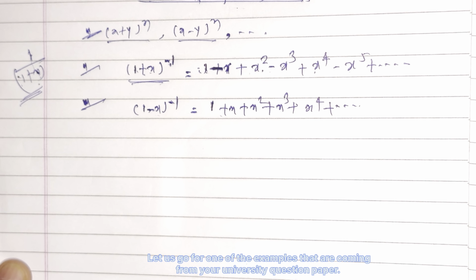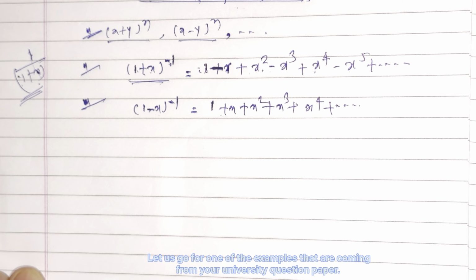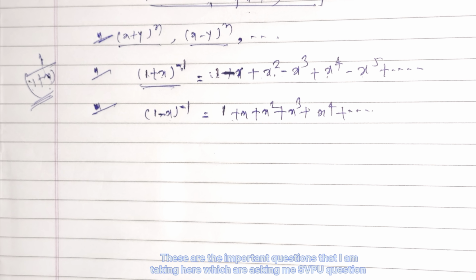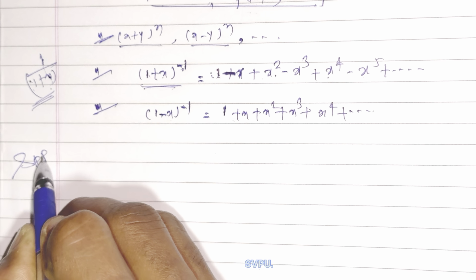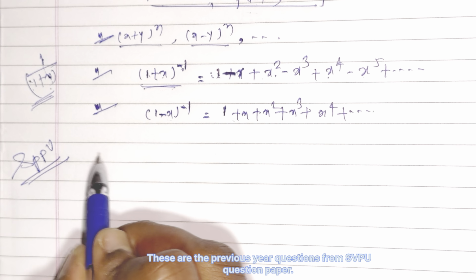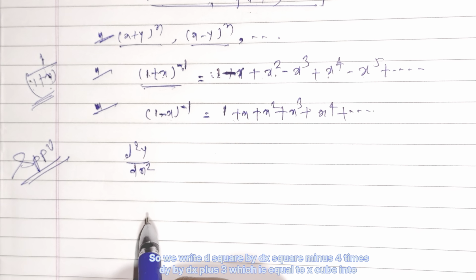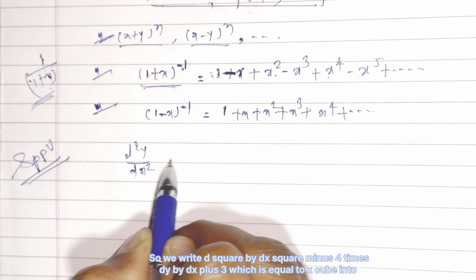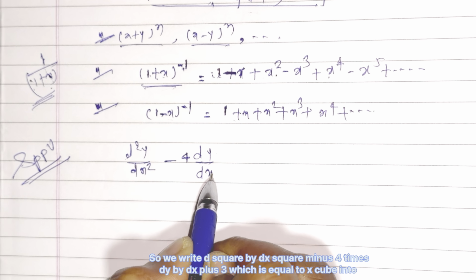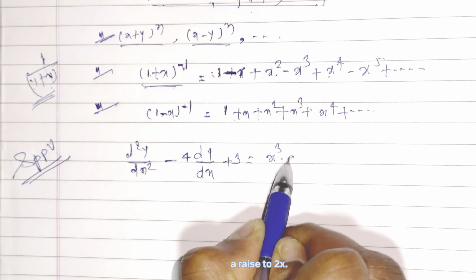Let's go for one example that comes from your university question paper. These are the important questions I'm taking here, which were asked in the SPPU question paper. These are previous year questions from SPPU. So we write d square y by dx square minus 4 times dy by dx plus 3y equals x cube into e raised to 2x.